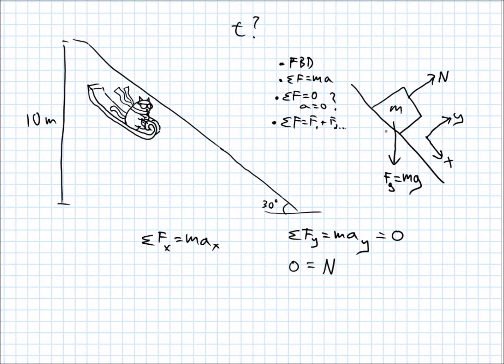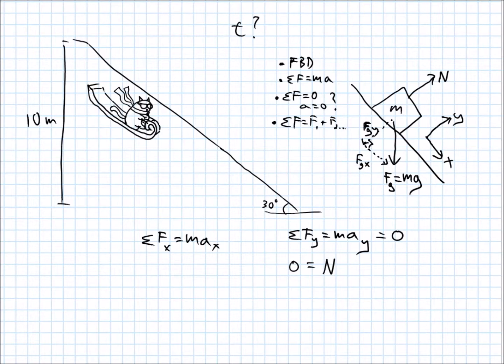So what we do is we break up gravity into its y and its x components. So this is going to be the force of gravity's y component, and this is going to be the force of gravity's x component.